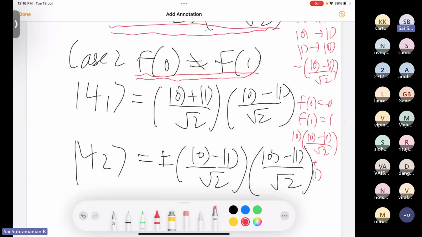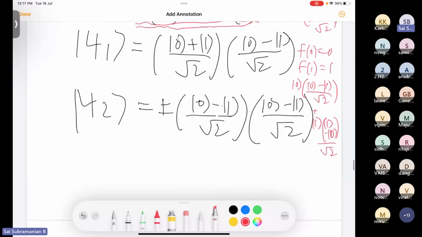Plus, however, when there is a 1, we will get 1 times (1 minus 0)/root 2, because there's a 1 outside, so these two flip. So when I write this together, it becomes (0 minus 1)/root 2 times (0 minus 1)/root 2.